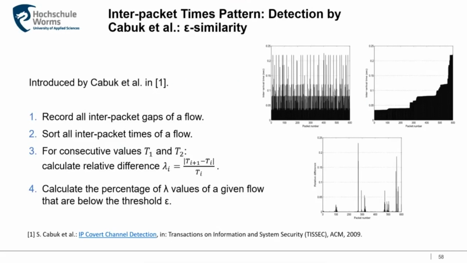I just show briefly two very classical detection heuristics with almost 1,000 citations, so this is very standard. This is epsilon similarity. You record the inter-arrival times, sort them in ascending order, measure the relative differences, and put a threshold on it to distinguish between covert and non-covert data.